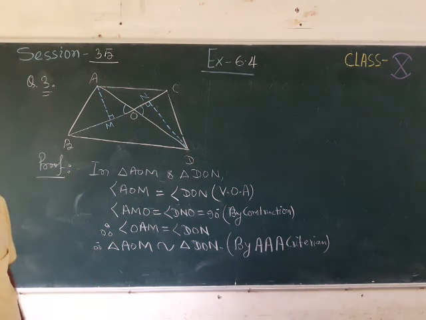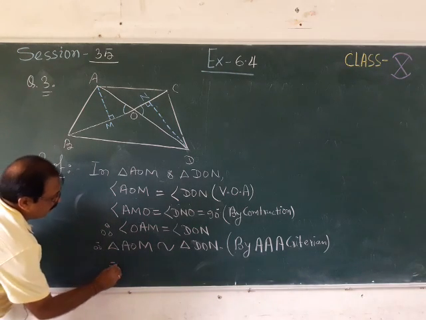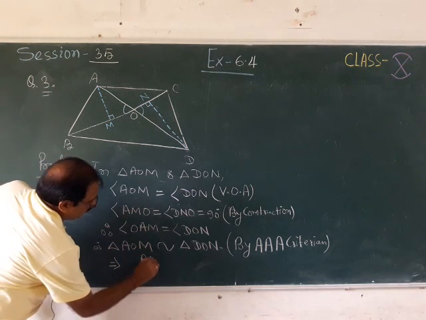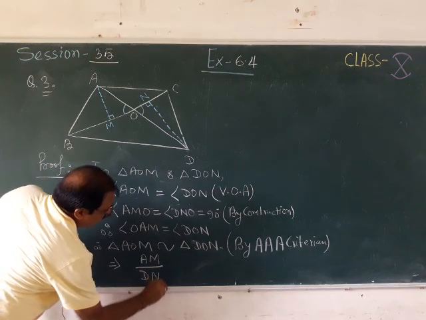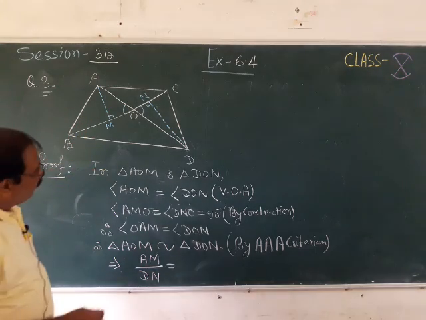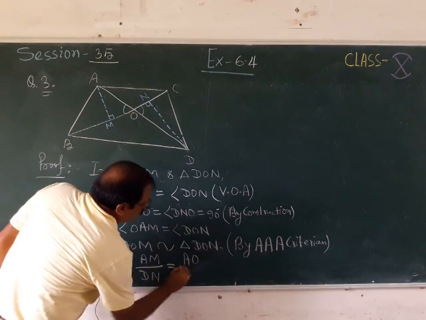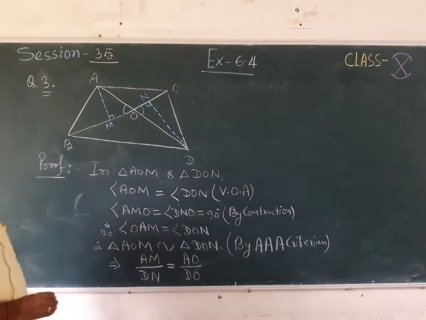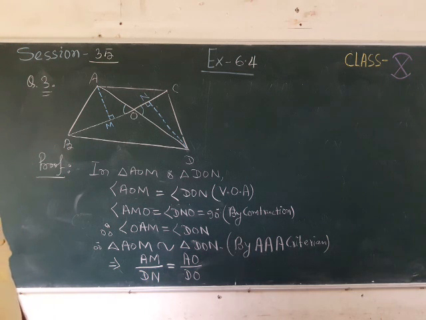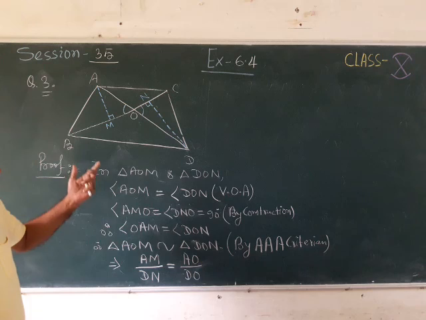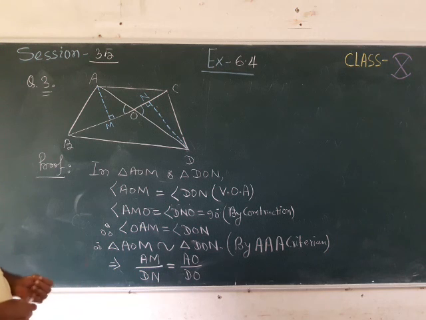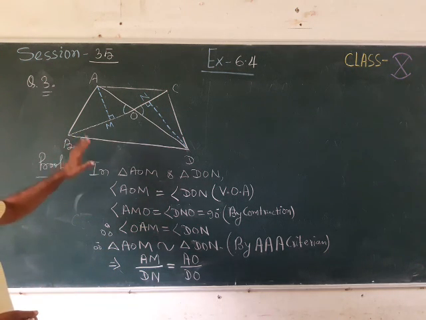If these two triangles are similar, then clearly you can write that AM upon DN is equal to AO upon DO, because in similar triangles, corresponding sides are proportional. That means if two triangles are similar, their corresponding sides are proportional.